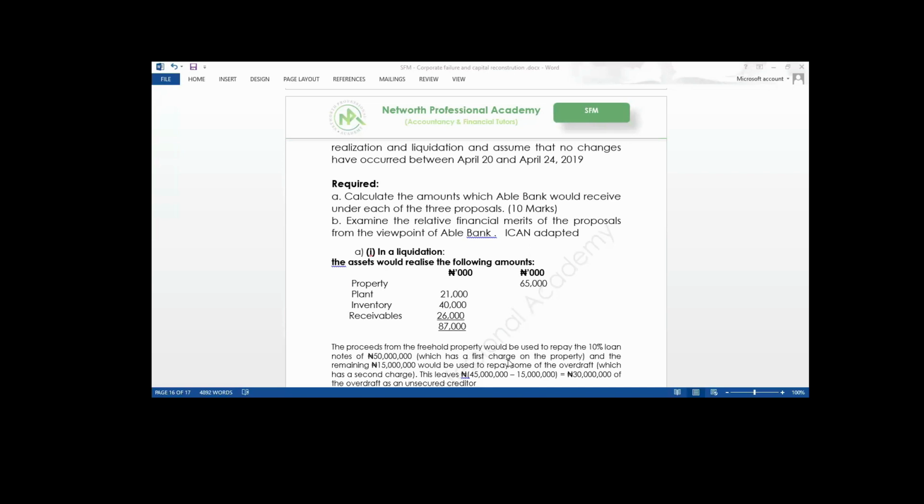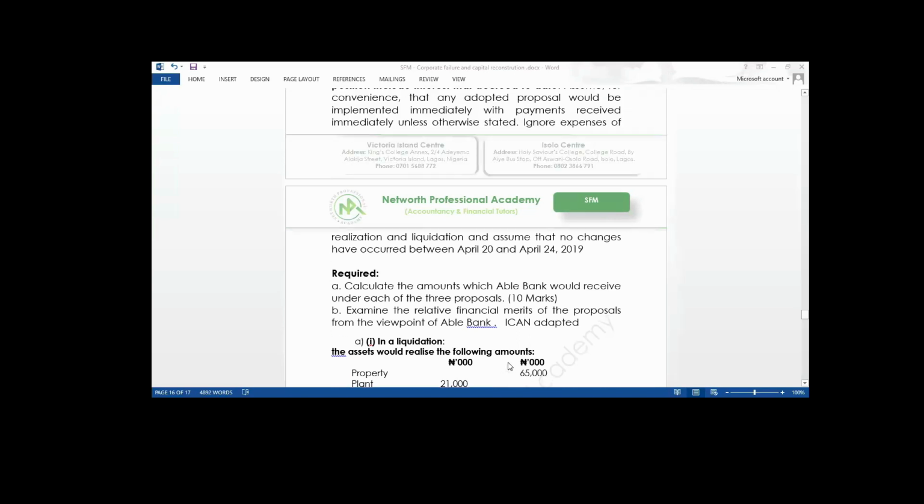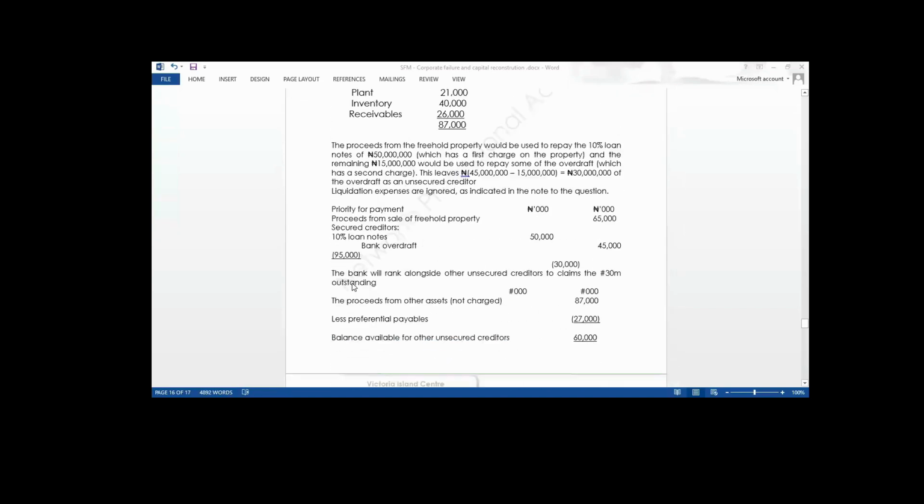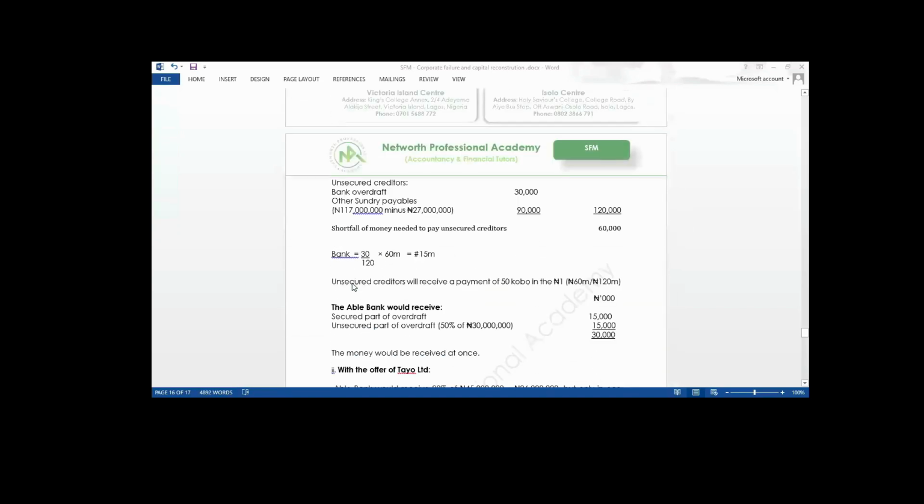For you to explain the relative financial merits, you must discount the cash flow to their present value. Look at the notes you are given. Assume that the bank earns 15% per annum on all its lending. That means the bank's rate of return is 15%. That becomes your discount factor. You can now go to the B.